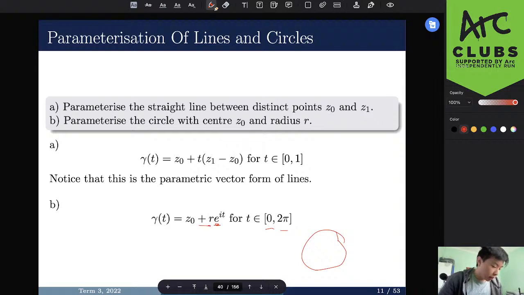And then we have the r here, which just means that we make the radius r instead of 1, and then the plus z0 means we have the origin here, and then we move our center to z0. And so the parameterization is gamma of t is equal to z0 plus r e to the it. And what you'll notice is that, of course, gamma is the go-to letter that we use when we want to represent a curve.